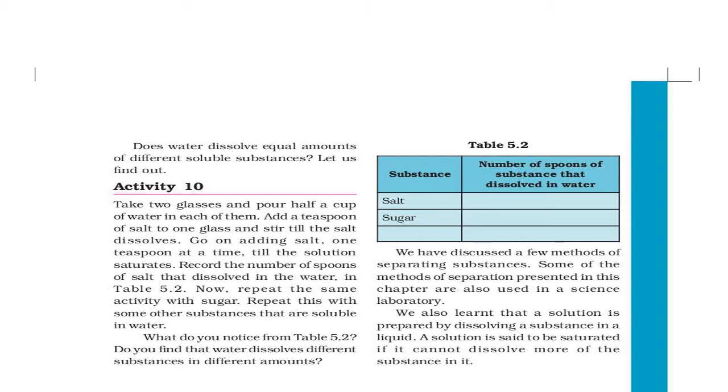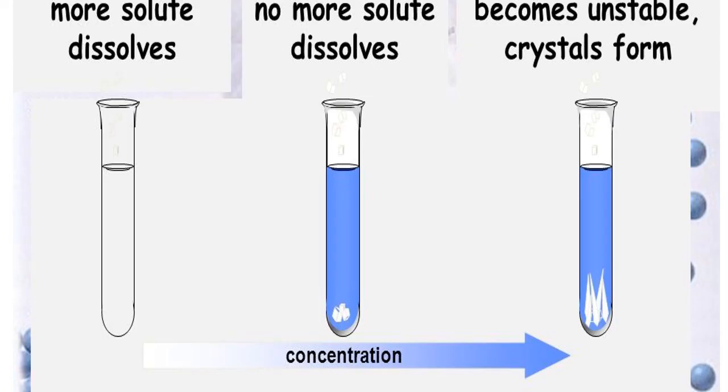So you can see the difference, which dissolves much better. If you are heating, the capacity of dissolving that substance increases. So heat increases the capacity of dissolving of the substance.